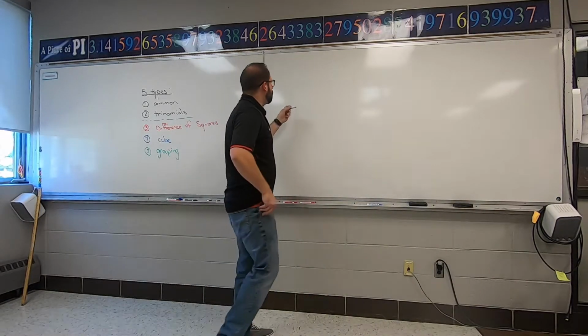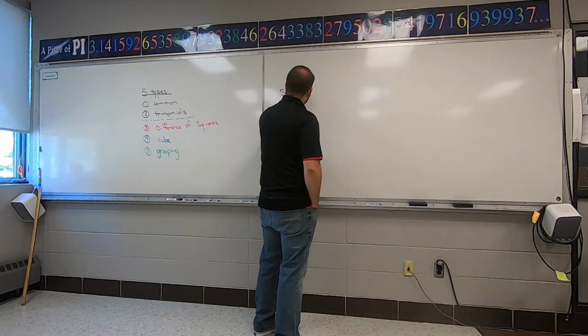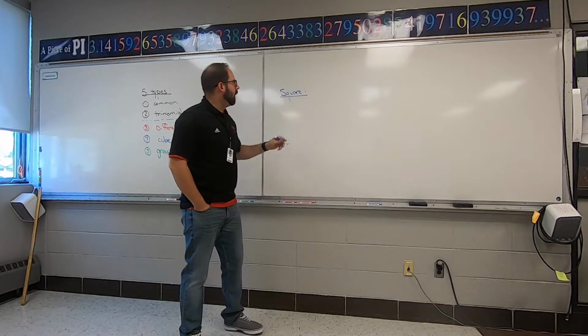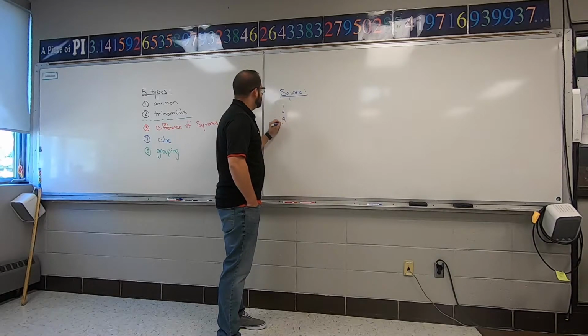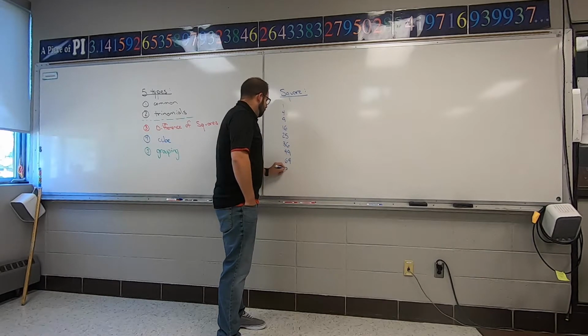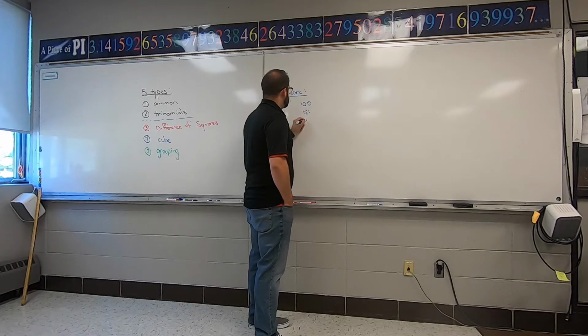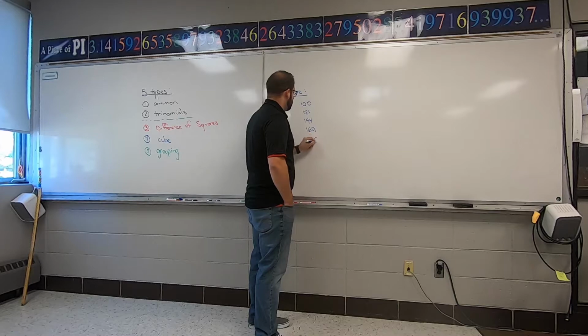All right, so difference of squares. Now the square numbers, these should be in your notes somewhere, the perfect squares. 1, 4, 9, 16, 25, 36, 49, 64, 81, 100, 121, 144, 169, 196, and 225.